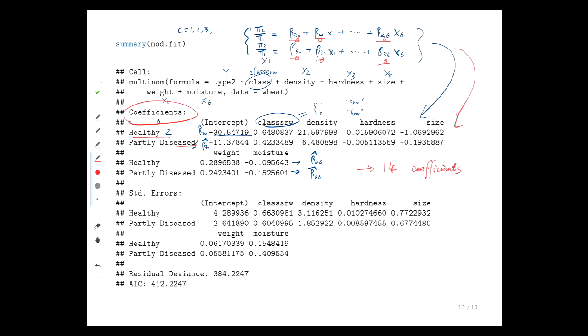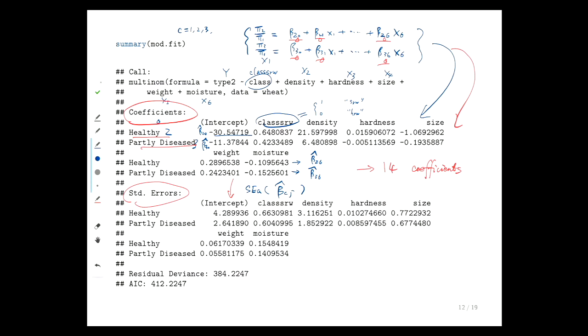And correspondingly, we have the standard error. So this is the standard error for those coefficients. And these standard errors are also the approximate standard error. For instance, we have the beta JC, maybe beta CJ, the corresponding coefficients.